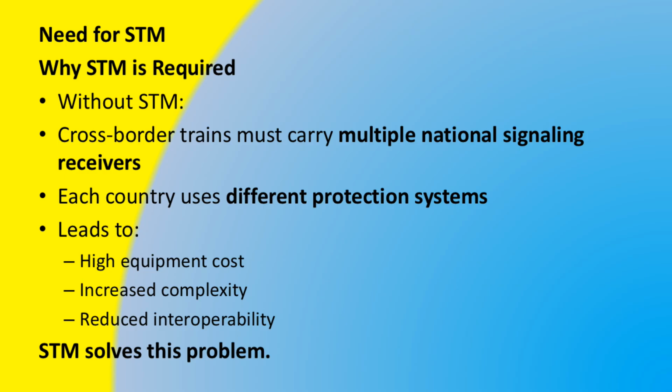If a train wanted to run across borders, it had to carry multiple onboard signal reception devices corresponding to each national system. This made locomotives very complicated, expensive and difficult to maintain. STM solves this problem by acting as an interface between ETCS onboard equipment and the national ATP system.